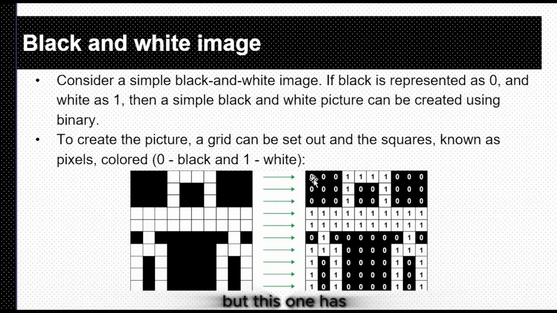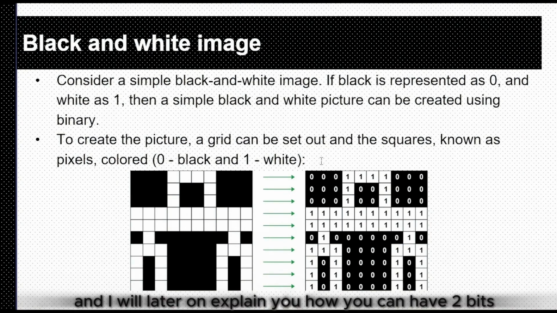But this image has got only 1 bit, and we have been doing bits for a while. So this is 1 bit, 1 bit, 1 bit. These are 1 bit in each square. And I will later on explain how you can have 2 bits, how you can have 3 bits in little squares, and it will give you different color combinations.